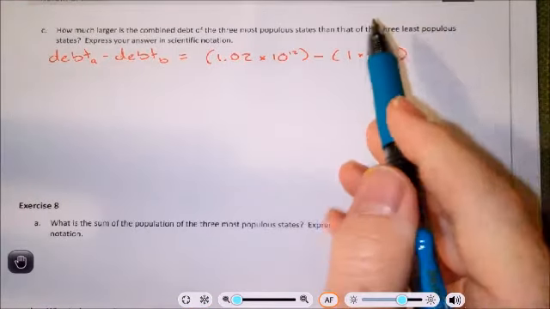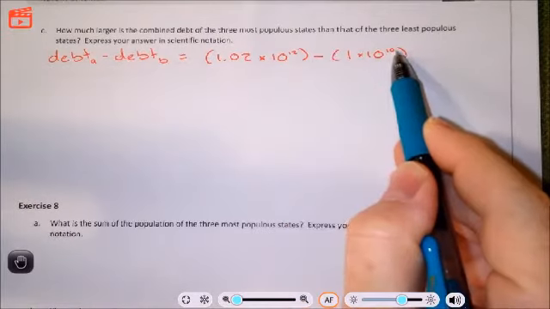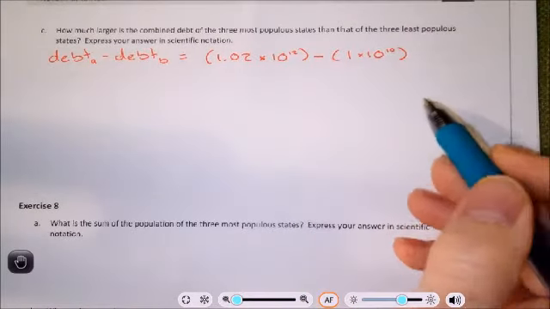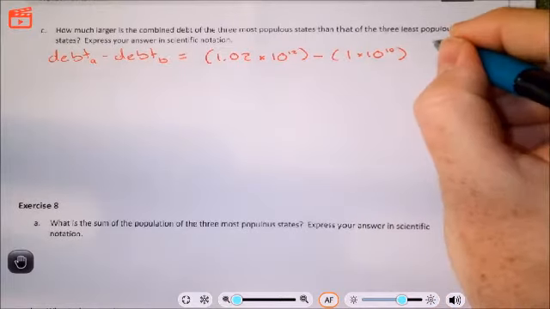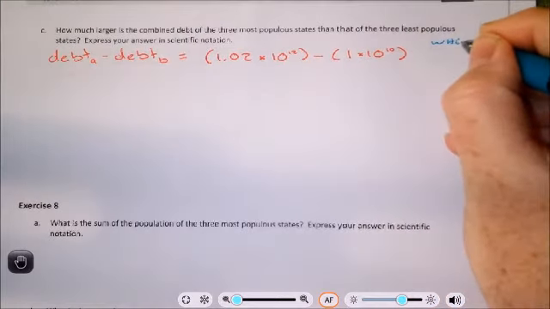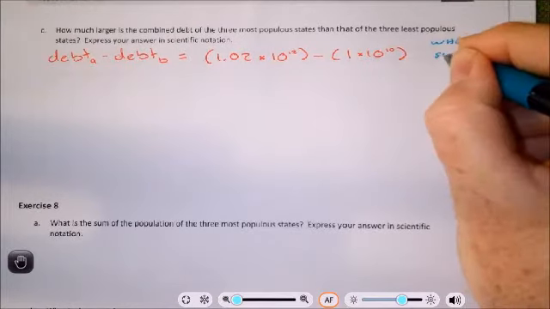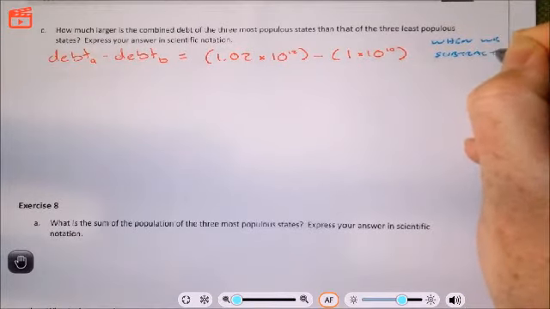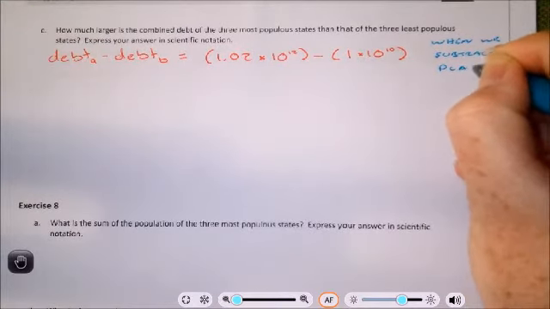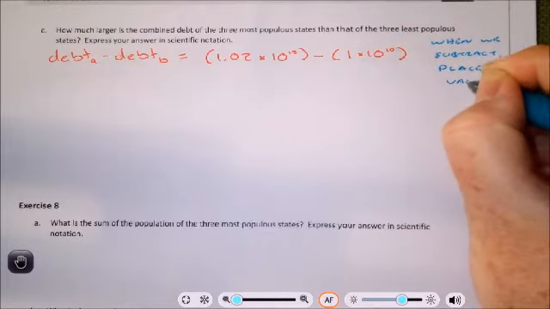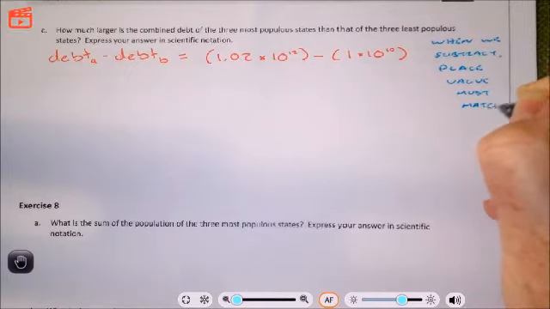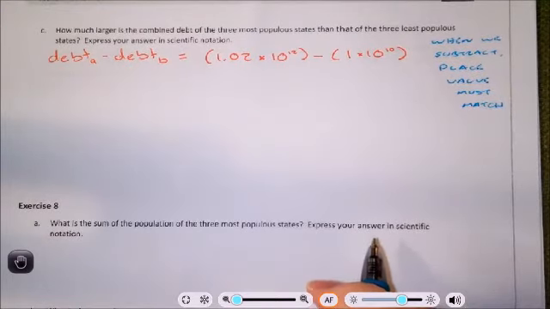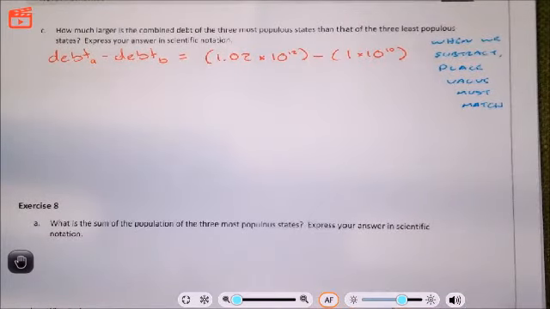you should notice that the exponents are different, which means the place values are different. And when we subtract, place value must match. Place value must match for subtraction. This is why when you subtract decimals, you line up the decimals.